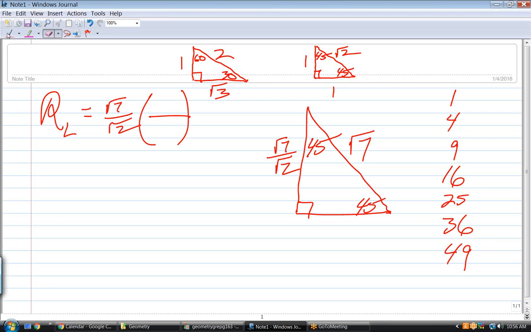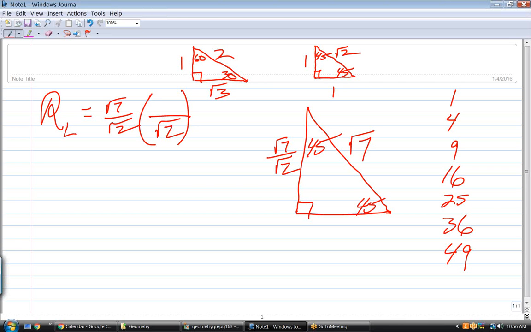You could do 2, but if you multiply it by 2, it becomes 2 root 2, not 4. You're getting closer though. What if I multiply it by square root of 2? Oh, okay. Now it turns into 2. That's a rational number.